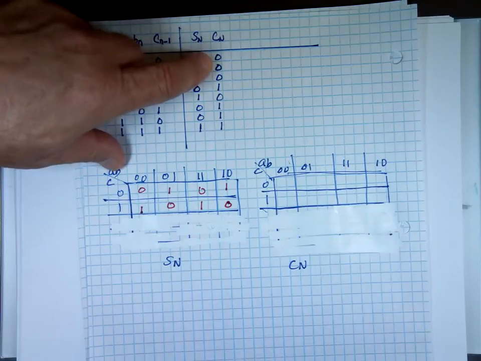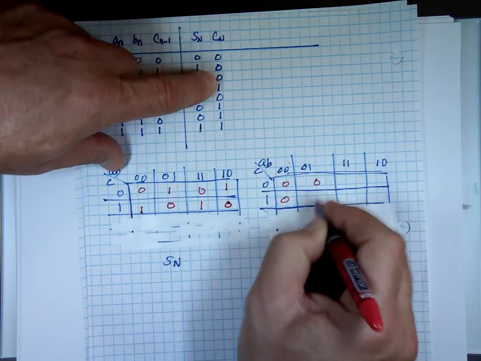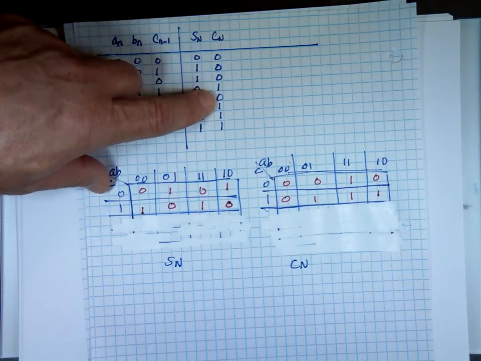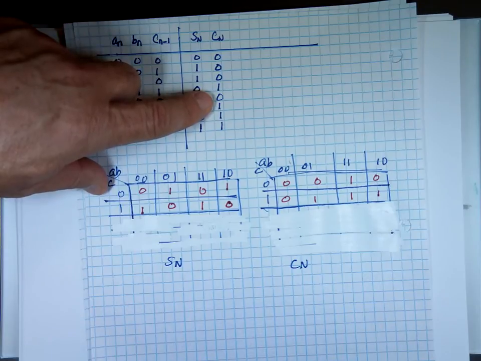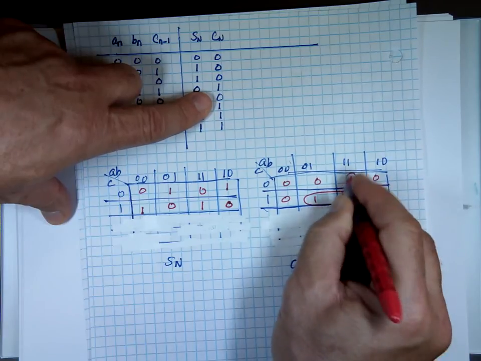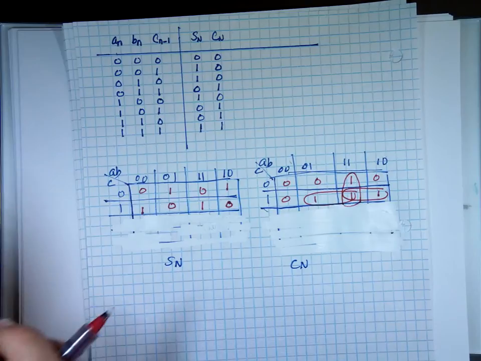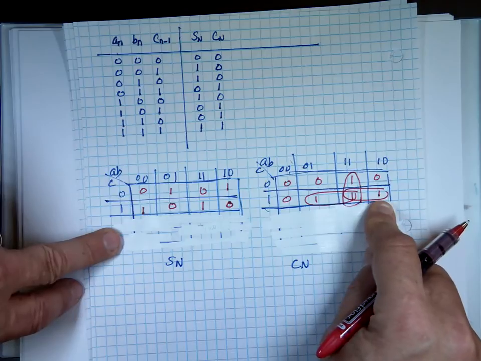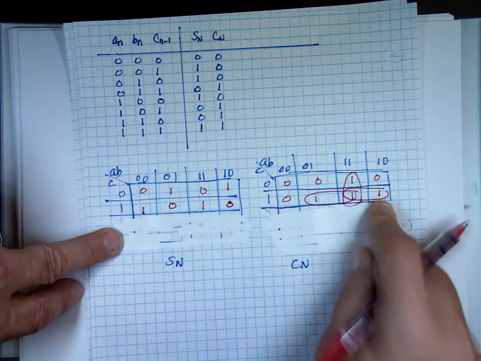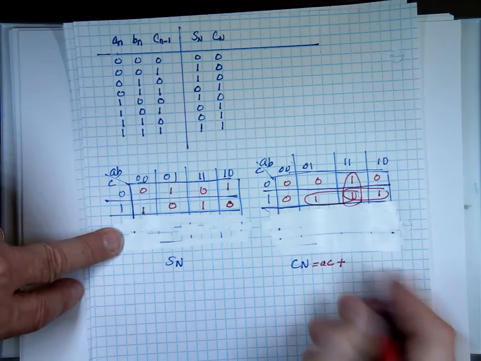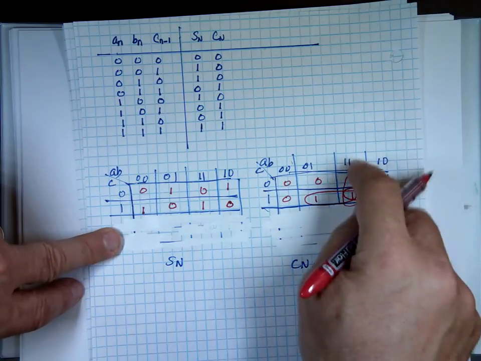The carry is not bad: 0, 0, 0, 1, 0, 1, 1, 1. I can go this way, this way, and that way for the carry to group all 3. So if I look at this one here, the outside, A is 1, B is gone, so AC. If I look at this one, that's BC. And this one, that's AB.